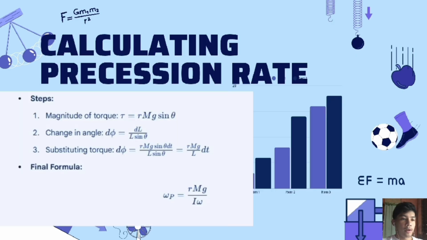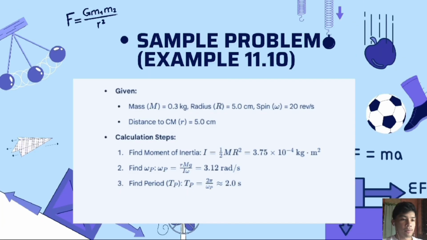So for solving, given is mass, 0.3 kilogram, radius is 5.5 cm. Spin is 20 revolutions. The distance is 5.0 cm. So calculate.